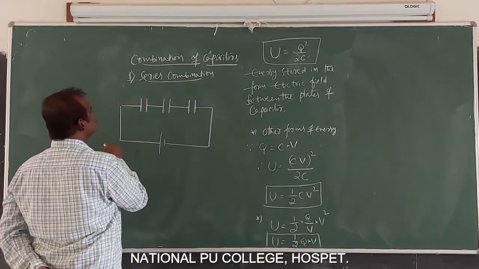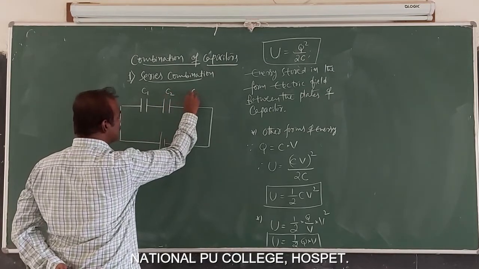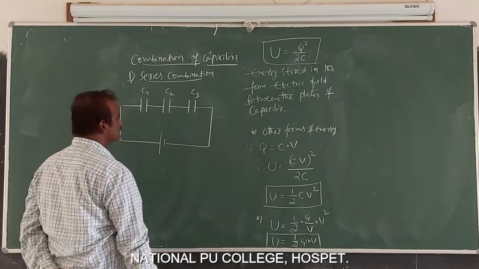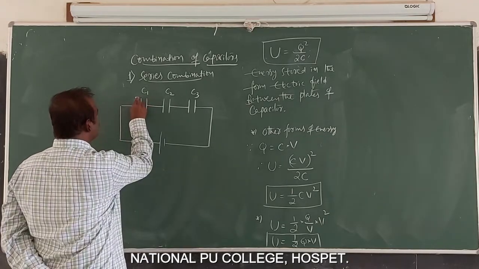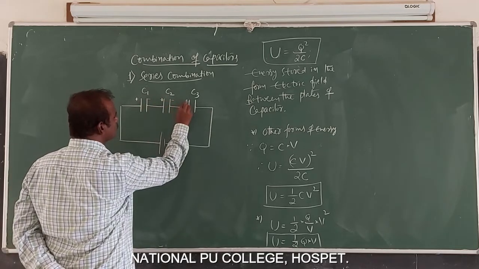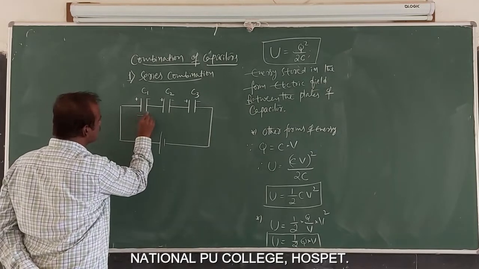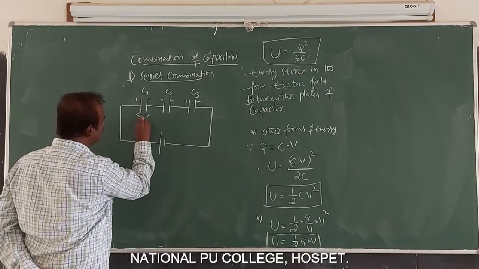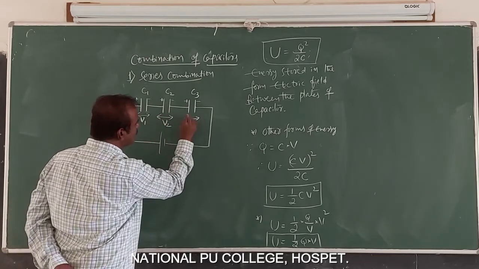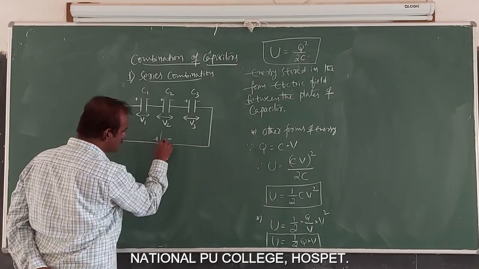This is capacitor C1, this is C2, this is C3. This has positive charge, negative charge, positive charge, negative charge. Potential difference for the first capacitor V1, for the second capacitor V2, for the third capacitor V3. This is the total potential supplied by the battery.